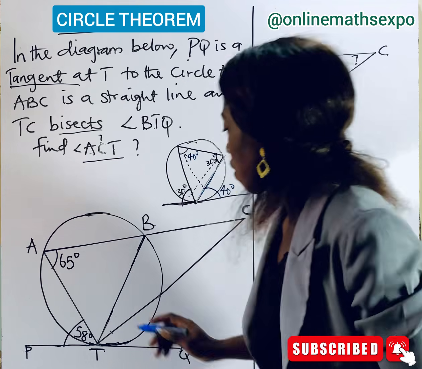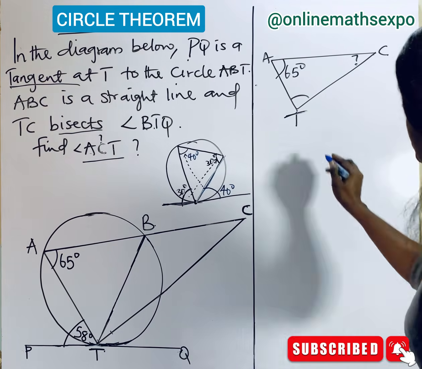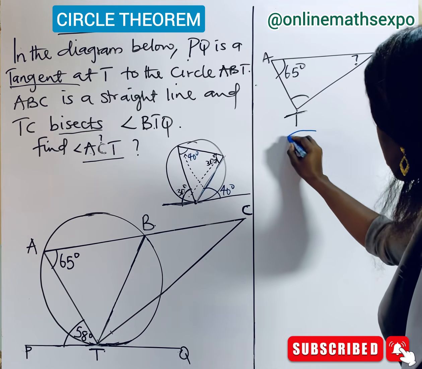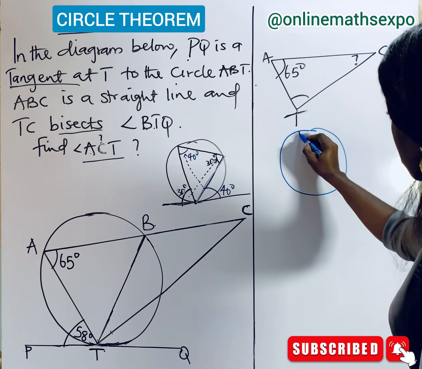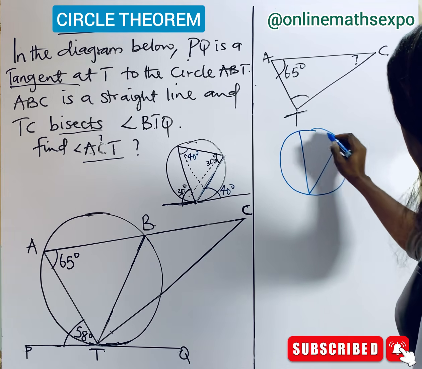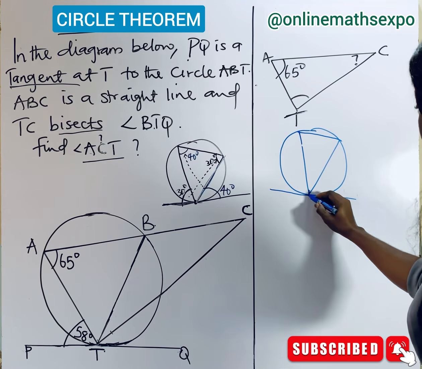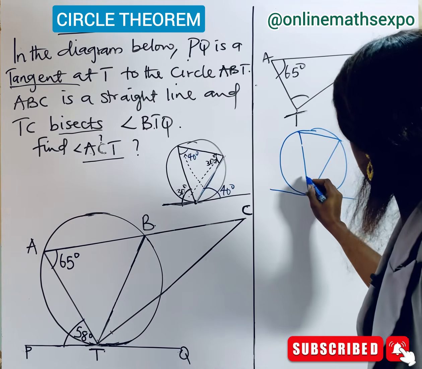Can you see it? So what it means is that with that, we can draw that out. Look at that triangle. We have a circle drawn, and in that circle, we have this. I hope you can see it, where there is a tangent here. And we have said that this angle here is 58.